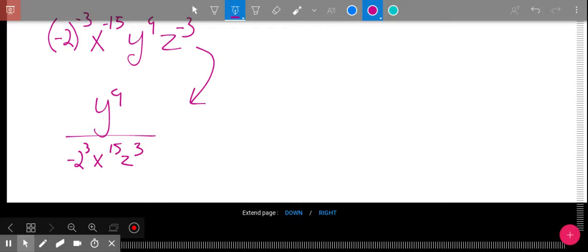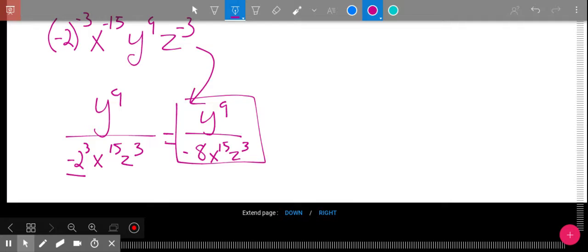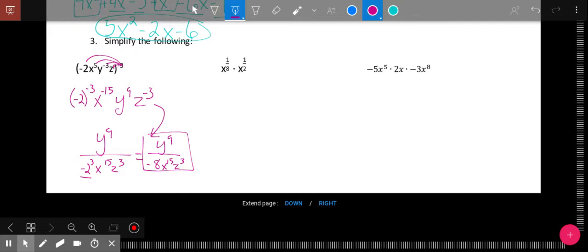Now we do have one last thing to simplify, and that's our coefficient. Remember, the numbers are always the last thing you do. So the y to the 9 just stays on top. Negative 2 cubed, well, negative 2 times negative 2 times a negative 2 gives me negative 8, x to the 15, and z cubed. And so that will be my final answer. If you have questions about that one, let me know.